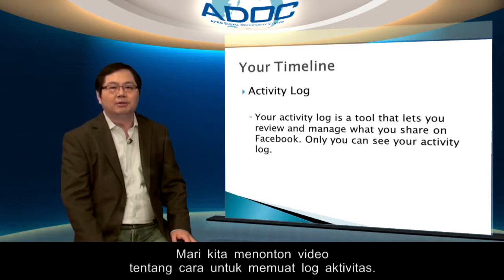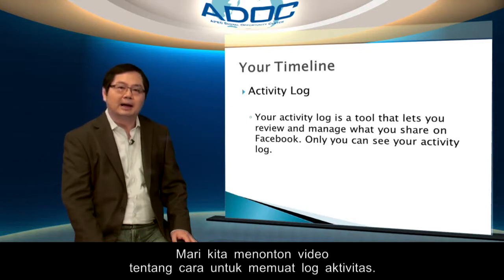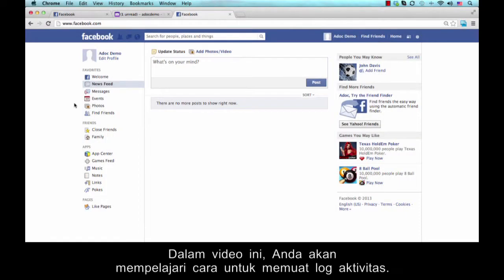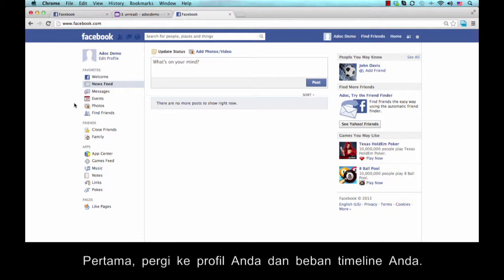Let's watch the video about the way to load activity log. In this video, you will learn the way to load activity log. First, go to your profile and load your timeline.